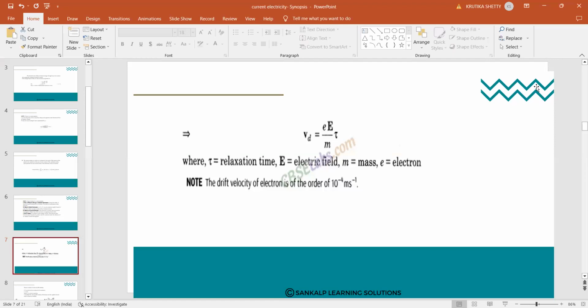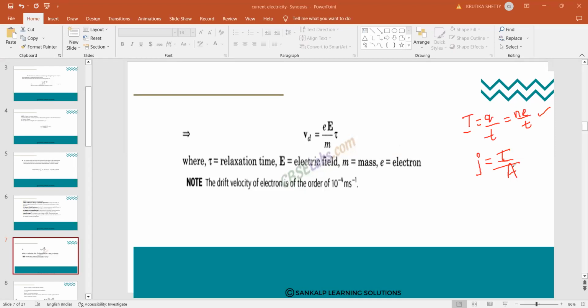So till now we have covered three formulas, girls. First, the electric current, basic definition. If you haven't written it, note it down now. Electric current is equal to charge upon time, and by quantization of charge, this becomes I equals Ne upon t. This is the first formula. Second formula, the current density is equal to current per unit area.